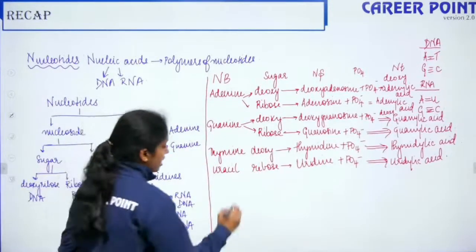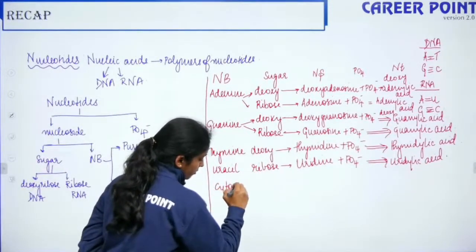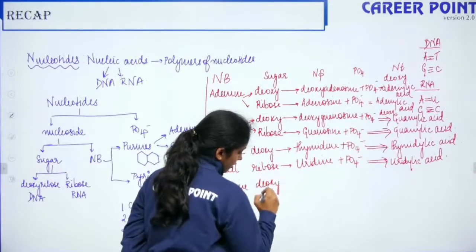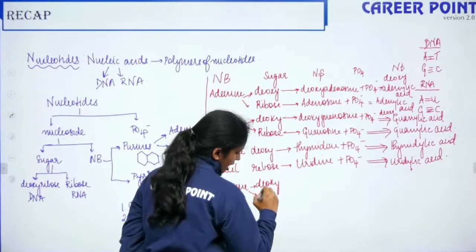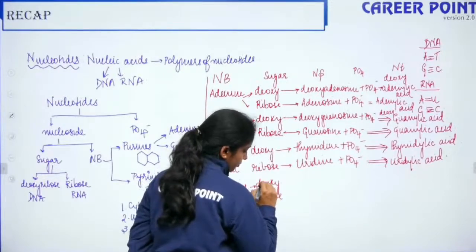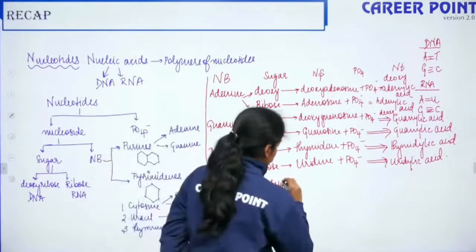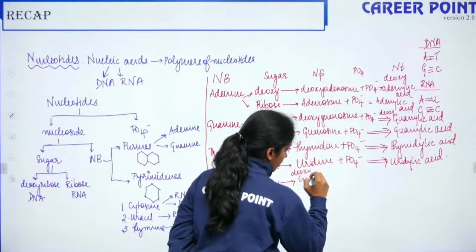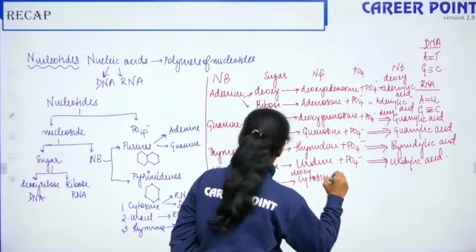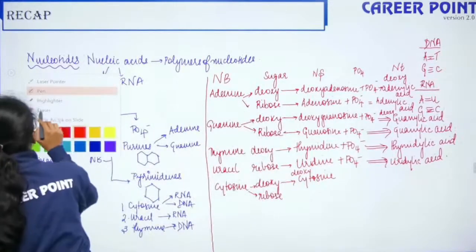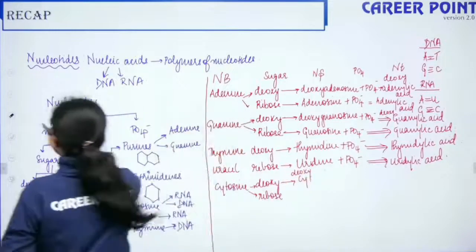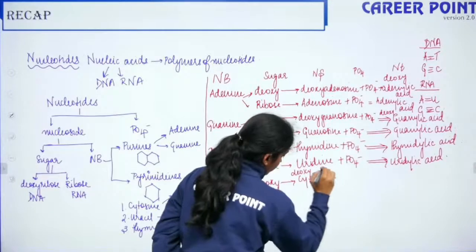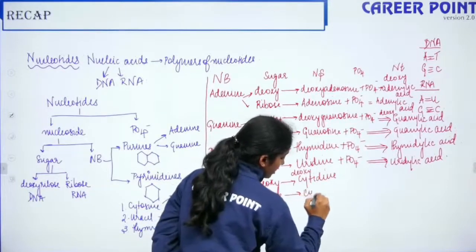Fine. Now the last one is cytosine. You combine that with your deoxy sugar, and because cytosine is common, I write ribose sugar as well. So it is deoxycytidine. Sorry, it is cytidine, not cytosine. Here it is simply cytidine.